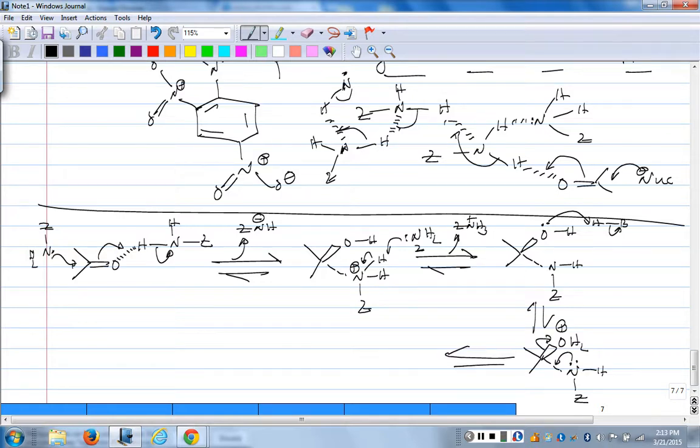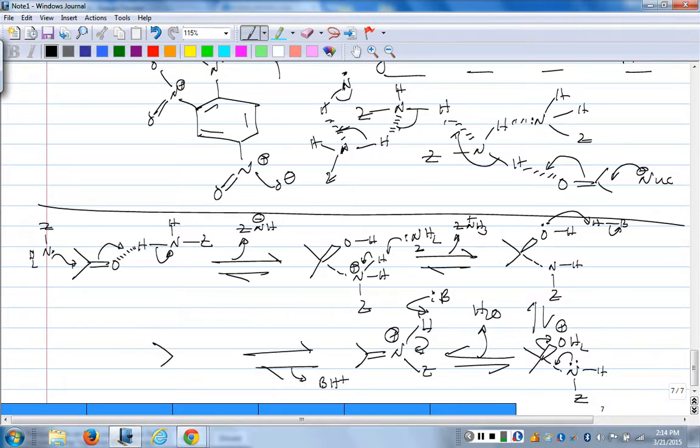I'm going to lose water. And that'll generate the conjugate acid of my product. And all that has to happen now is one of my ZNH2s, or some base, comes in, pulls off the proton, and we generate our final product.